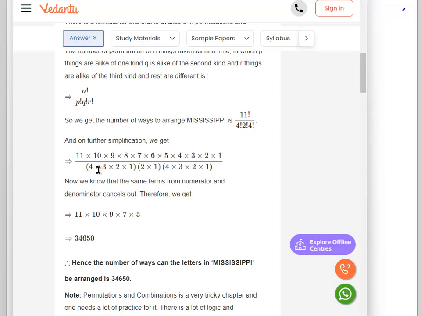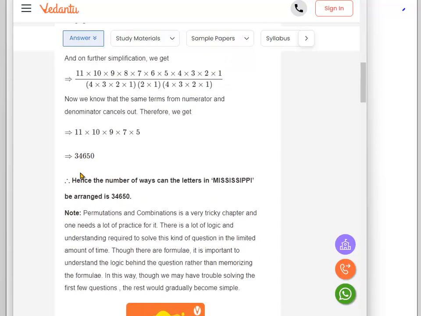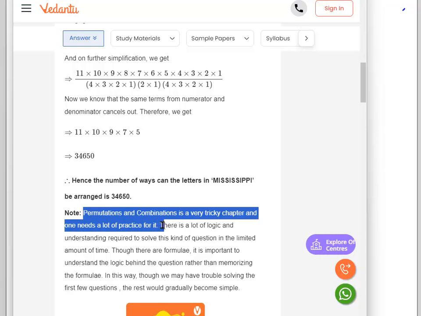So you have to divide them out, and then the M only appears once, and the permutations in this case are 34,650. And then they put a little note here: permutations and combinations is a very tricky chapter, and one needs a lot of practice for it. Maybe I should have started out with this one in my lecture here, but I think you noticed that.